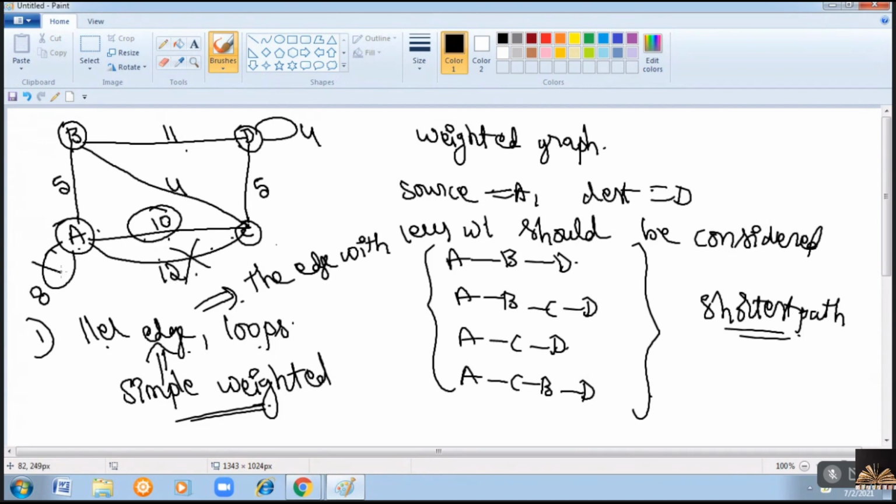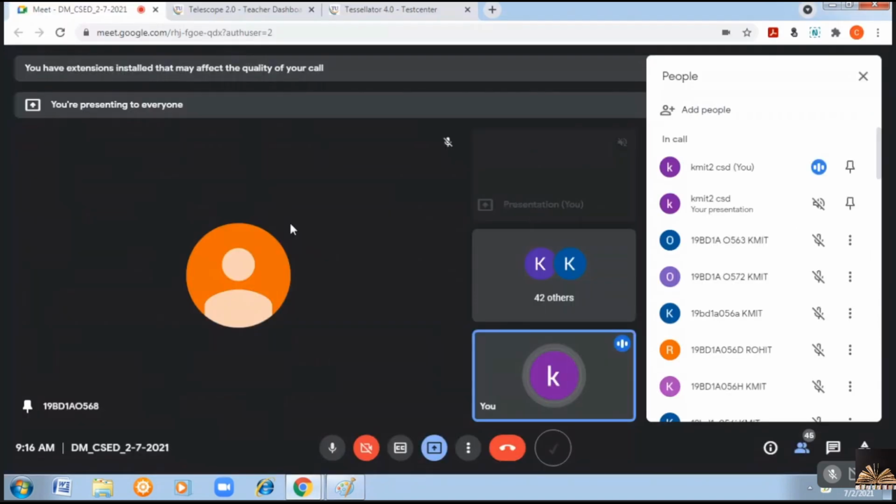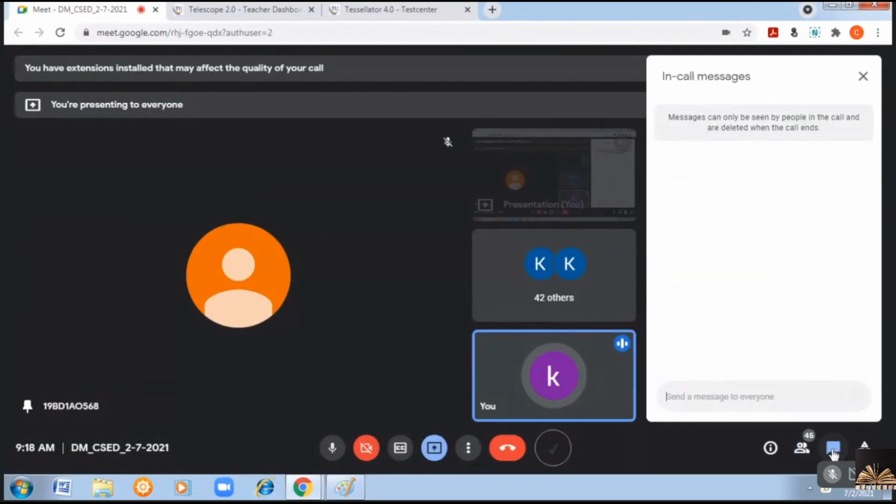And whenever there are loops, you have to remove the loops. Can you tell me what is the need of removing the loops and parallel edges in finding the shortest path?